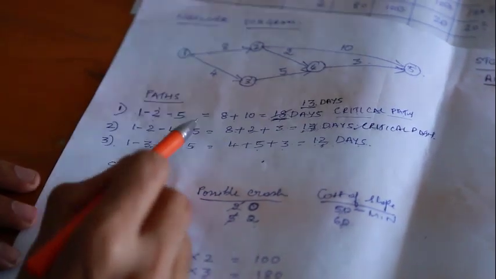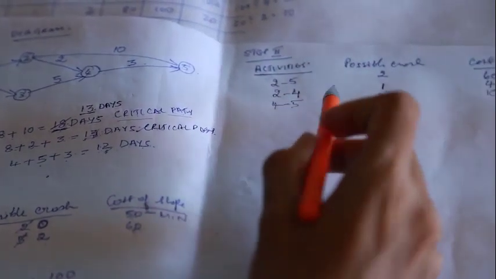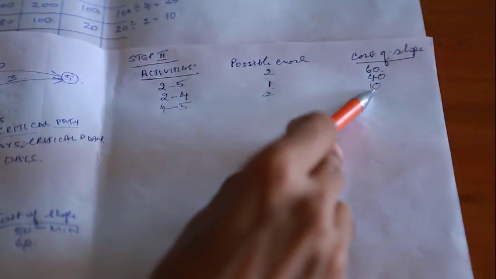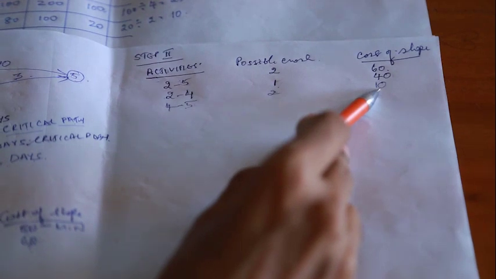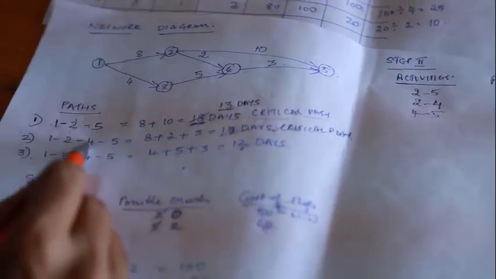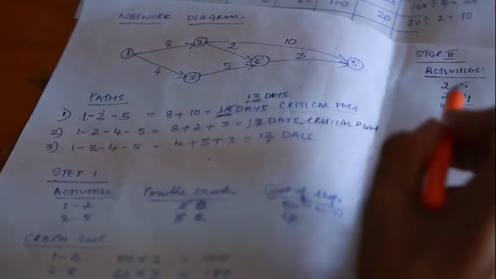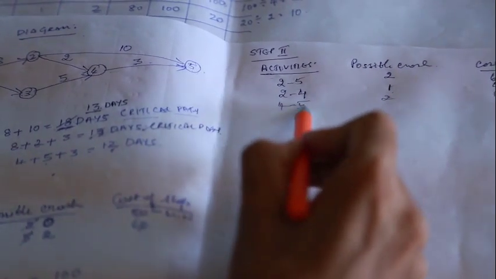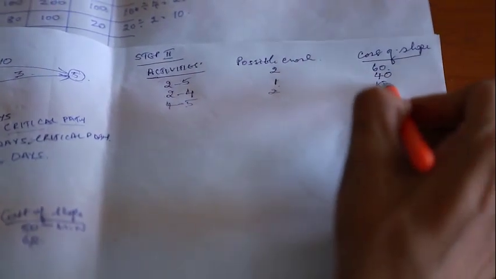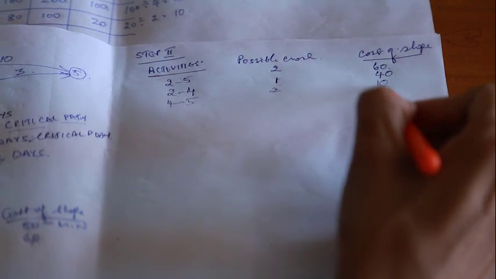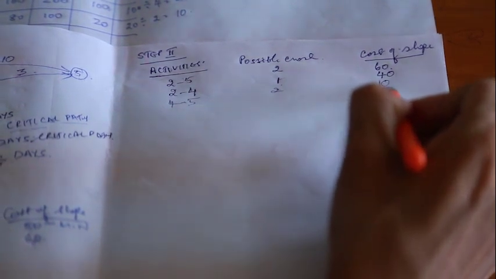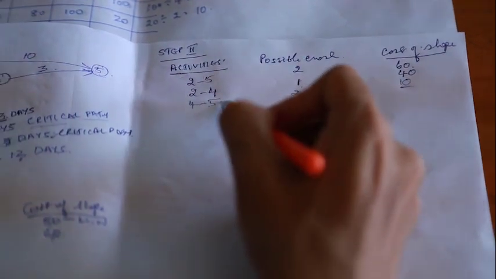it has got a cost of slope as 10. Now if I compare activity 2 to 4 and 4 to 5, the minimum cost is 10. So hence I have to select activity 4 to 5.